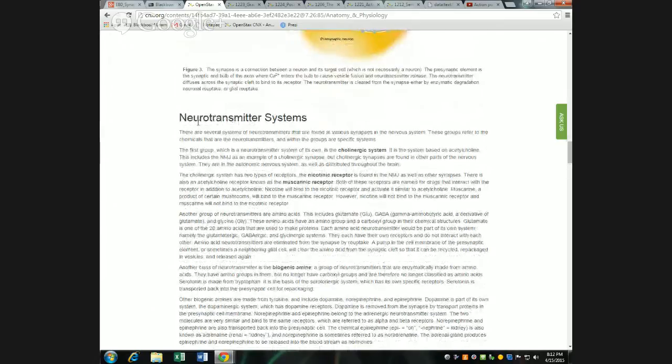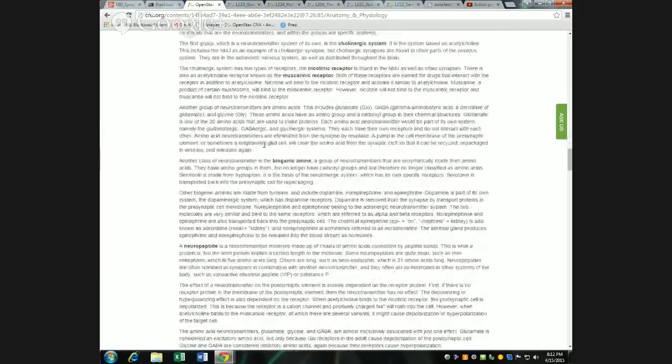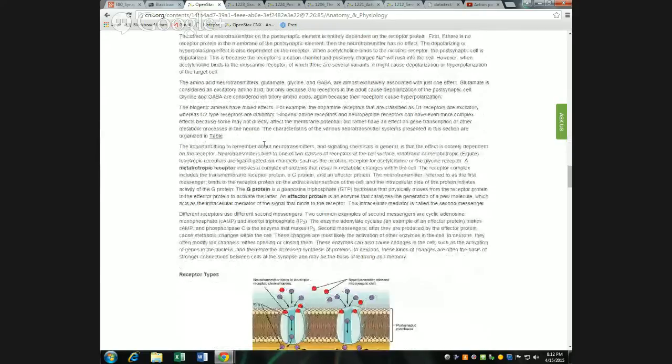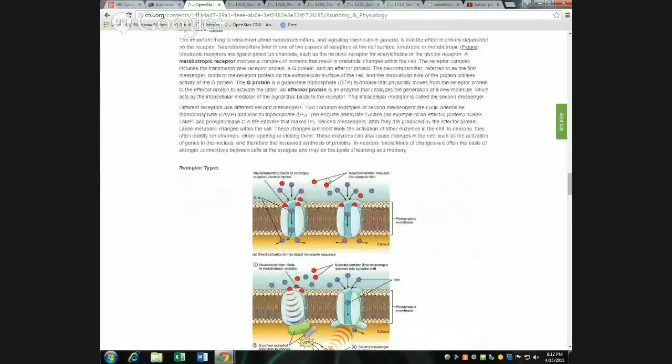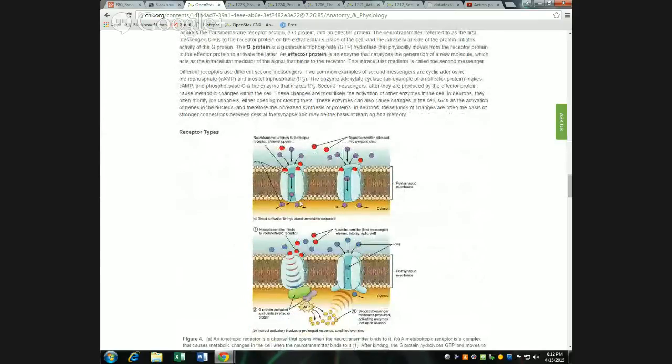Now, there are different systems of neurotransmitters that I want to talk about a little bit, which have to do with the chemicals that are found there and the receptors that they interact with. There's two basic types of receptors. One type of receptor is what we've already met.